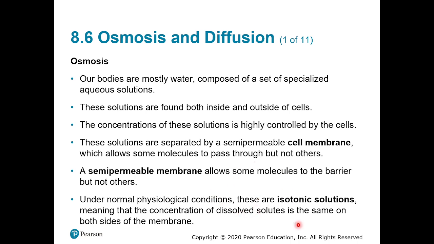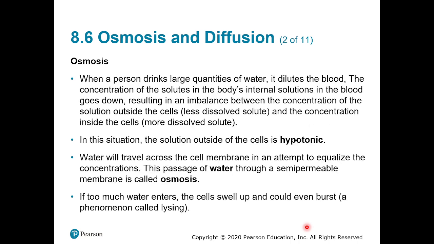That means that the concentrations of dissolved solutes are the same on both sides of your membrane. If they're not isotonic, then what's going to happen is water is actually going to move to one side preferentially. Okay? And that's what happens when we have osmosis. That's actually the pressure that the water exerts when it's trying to move towards the higher concentration environment.